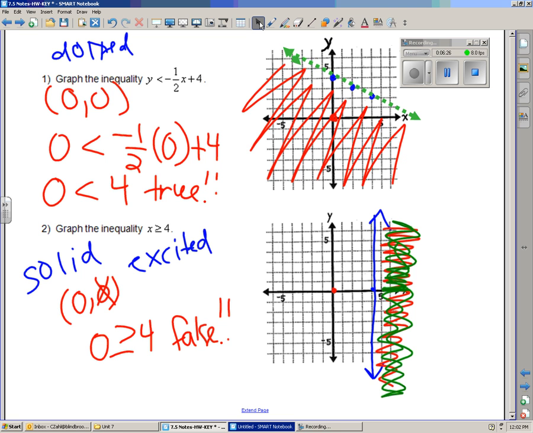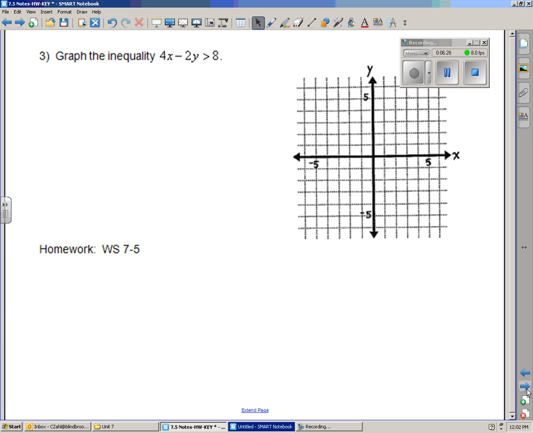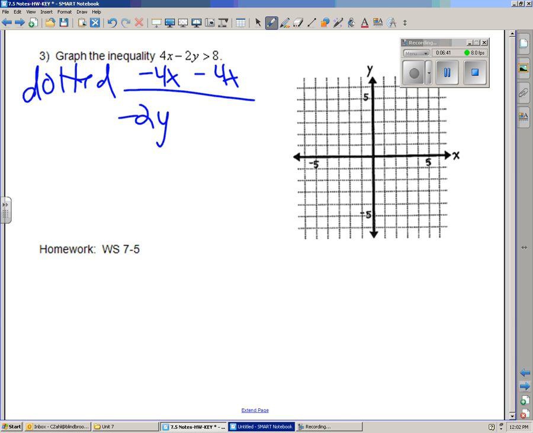Okay, let's try one more. The inequality symbol is a greater than, which means you've got a dotted, dashed line, whatever you want to call it. You've got to solve this thing for y. Subtract 4x on both sides: negative 2y greater than negative 4x plus 8. Divide by negative 2, divide by negative 2.